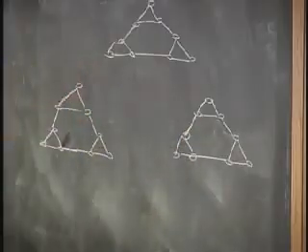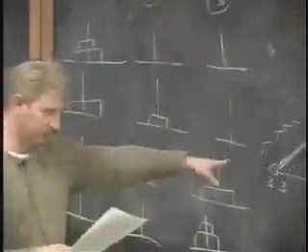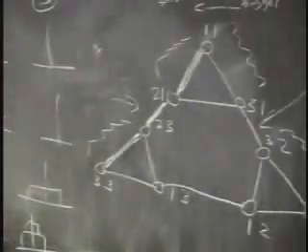Okay, there's my 3 copies. Let's label them to make sure we can all do this. The top copy is going to be this one. Okay, it's going to be 1, 1.